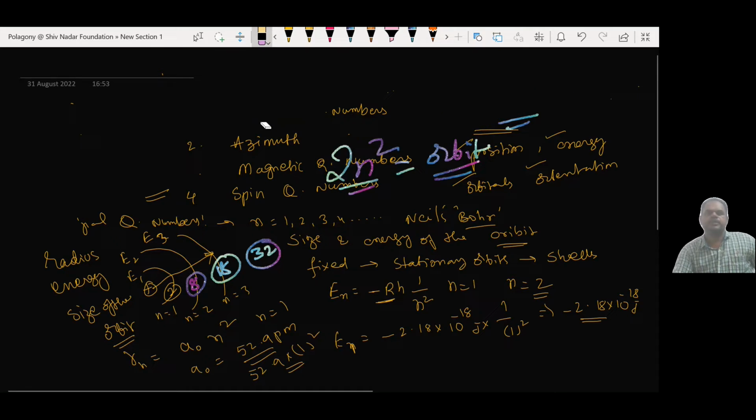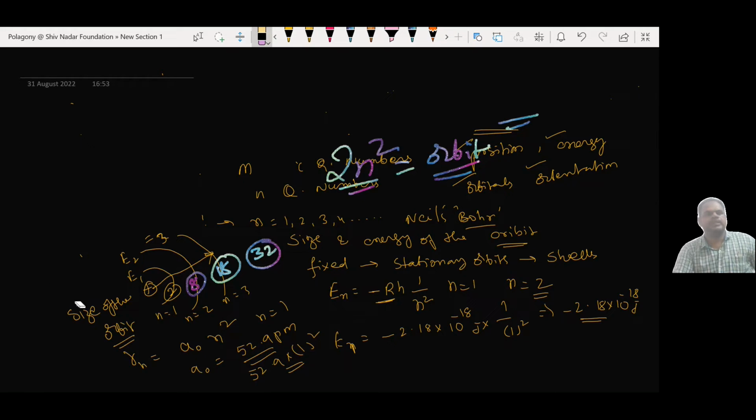The next quantum number is the azimuthal quantum number.